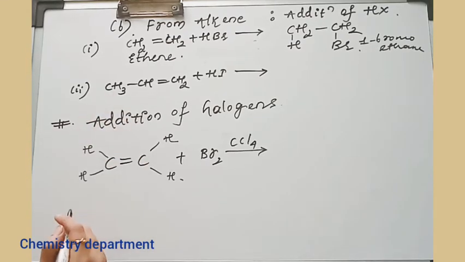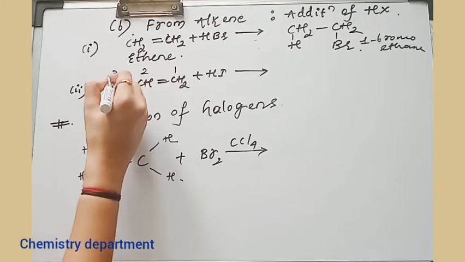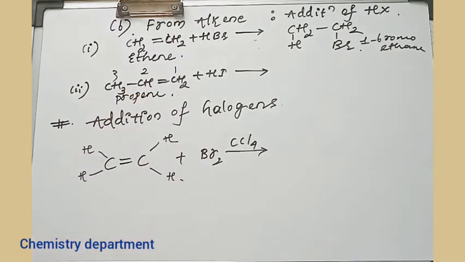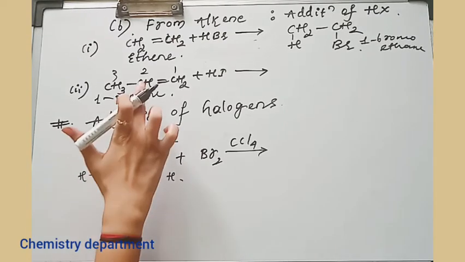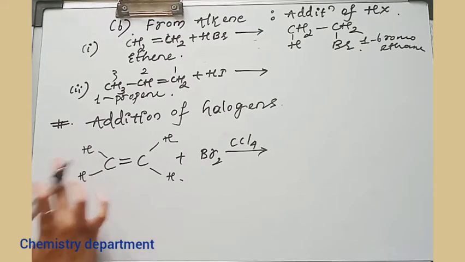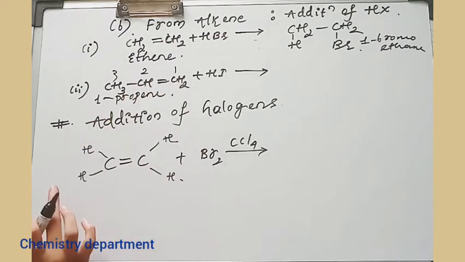Here I have written the second example. This is an unsymmetrical alkene. The name of this is propene or 1-propene. Okay, so when this is reacting with the HI, what exactly happens here is, these two double bonded carbon atoms are not the same. Here one hydrogen is there, here two hydrogens are there.